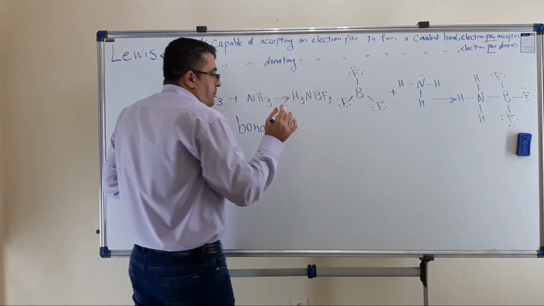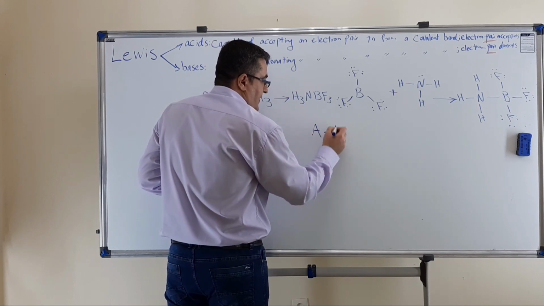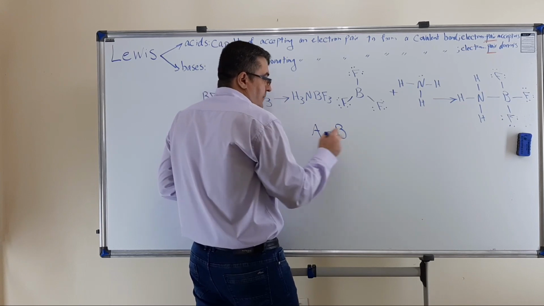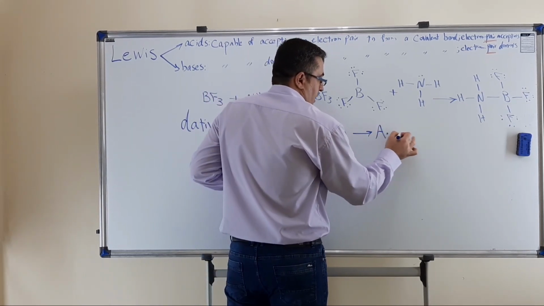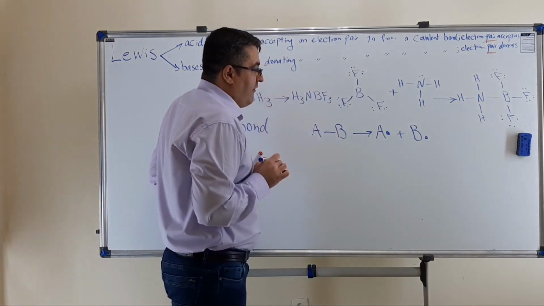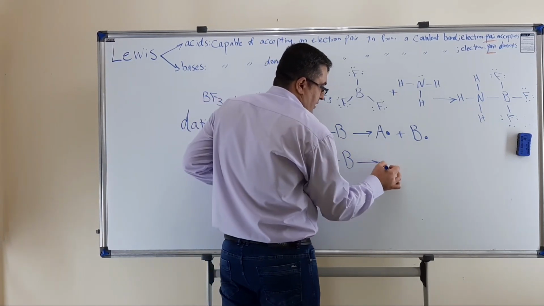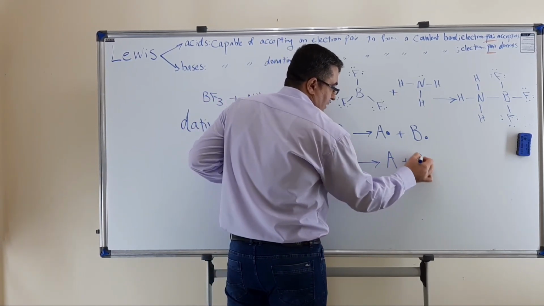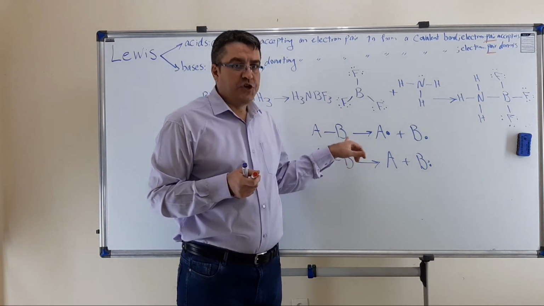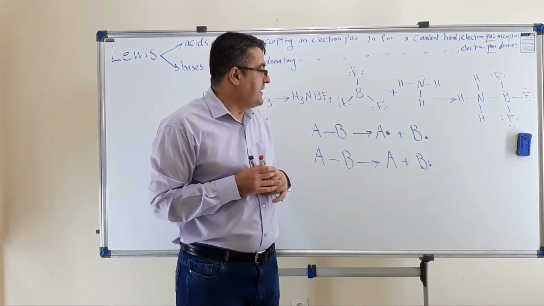We can break bonds in two different ways. For example, consider the AB covalent bond. One way could be this, and another way could be like this. The value of charges is immaterial here, so the charges haven't been specified.